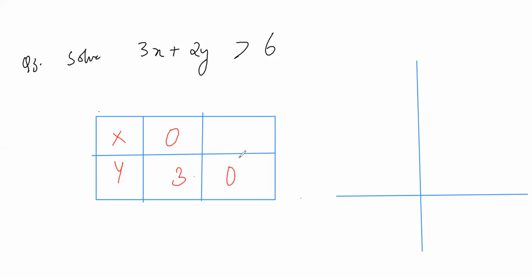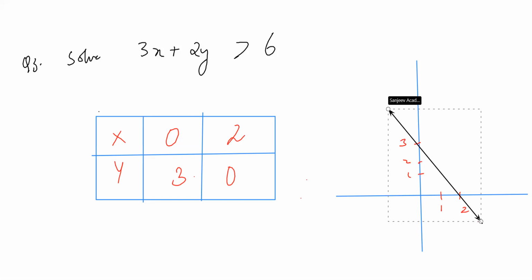If y is 0, x is 2. So I just draw a small line between 3 and 2 respectively.